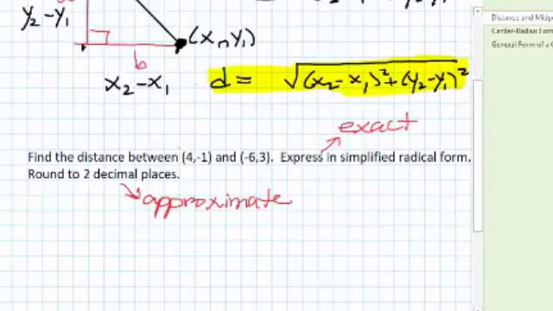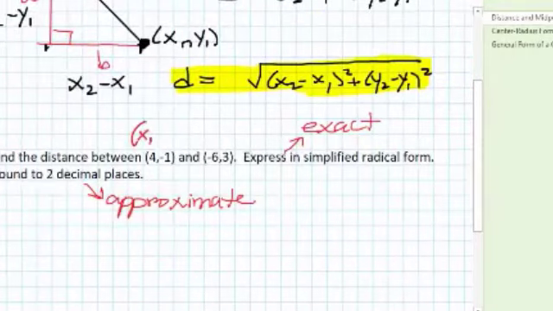What we want to do is plug into our distance formula. We just have to decide which point we're going to let be our x1, y1, and which will be our x2, y2. It doesn't matter. It'll turn out the same either way. So let's say this is x1, y1, and this will be our x2, y2.